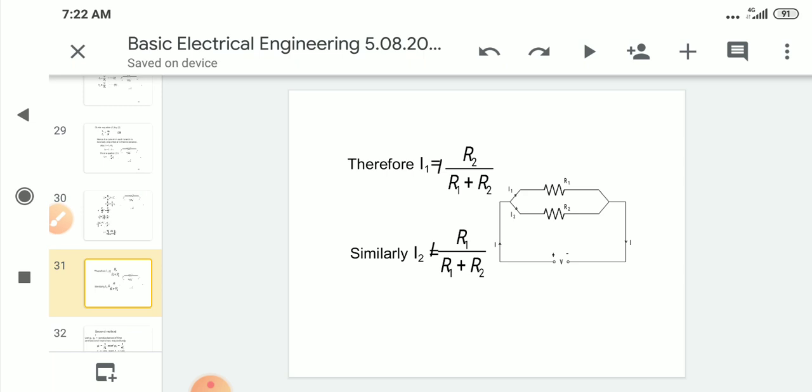So totally I1 is I into R2 by R1 plus R2. Next I2 is equal to I into R1 by R1 plus R2.